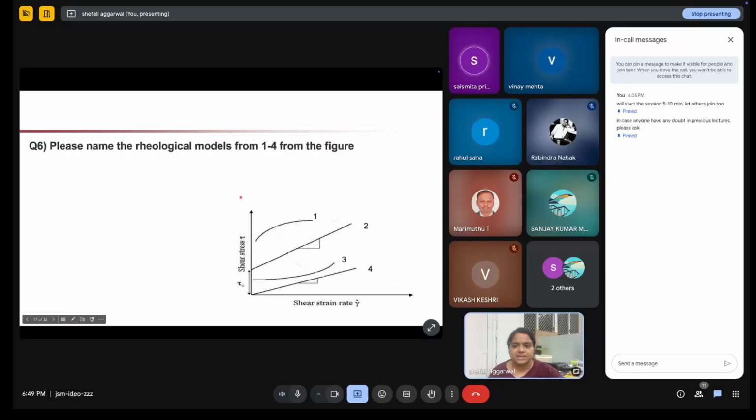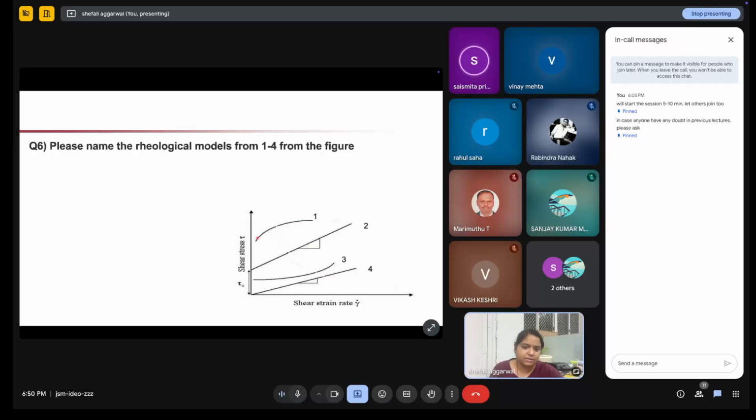Okay, please name the rheological model from 1 to 4 in the figure. What is this thing present? Any idea? So when your paste will get 2, Bingham model. 2 Bingham model, okay, correct. 4 Newtonian, very good.